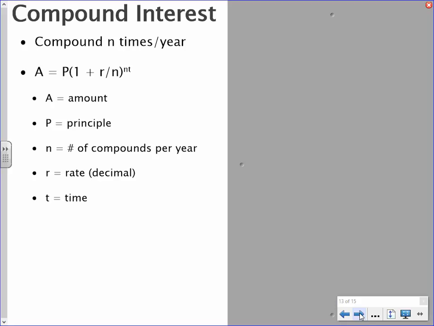T is time in years. P is the principal. N is how many times it's compounded per year. And R is our rate. Remember, rates are percentages, and so we convert them to decimals to use in our formulas. Does this look familiar? As long as you can remember the formula, it's pretty simple to use. This is the formula.